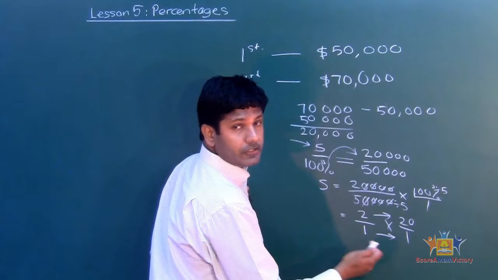That means I have to move the 100% across the bridge to the other side. Based on Mac's first law, division crossing the bridge becomes multiplication. So C equals 8,000 over 64,000 times 100%.